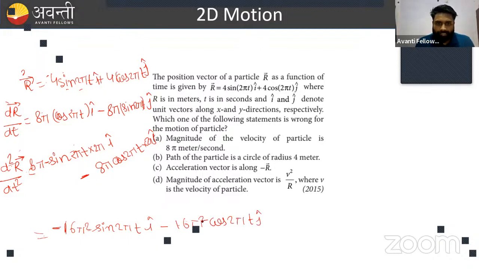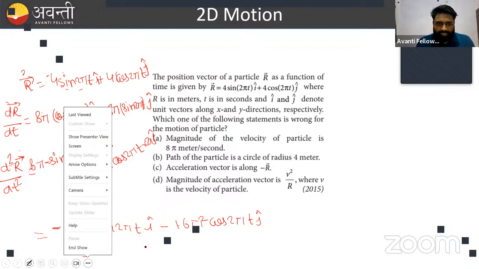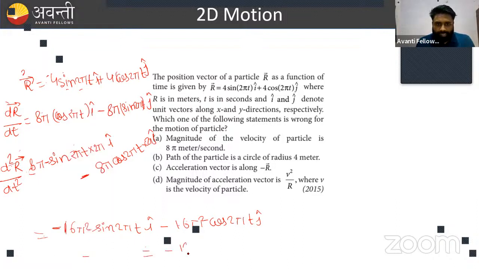Pi square here. So we can see here that minus 16 pi square is common in both of the terms. Then this will become sine 2 pi t plus cos 2 pi t, although we should not miss the i cap and j cap. Okay.